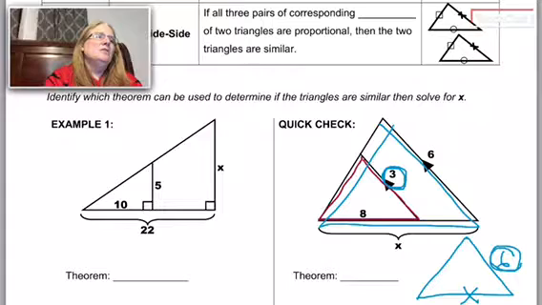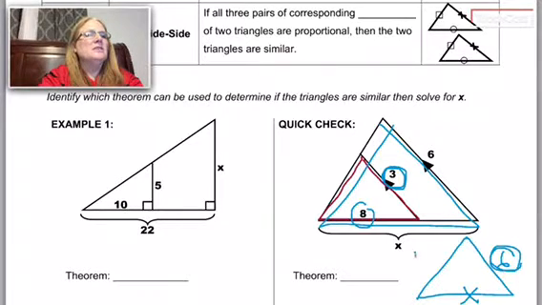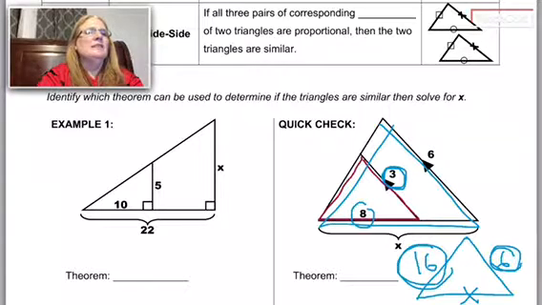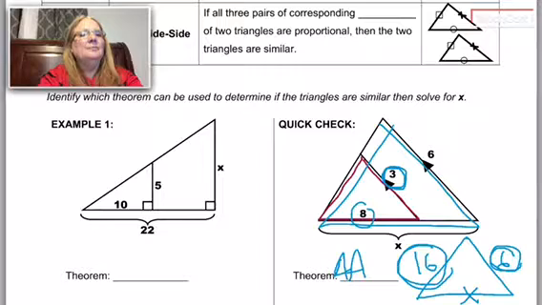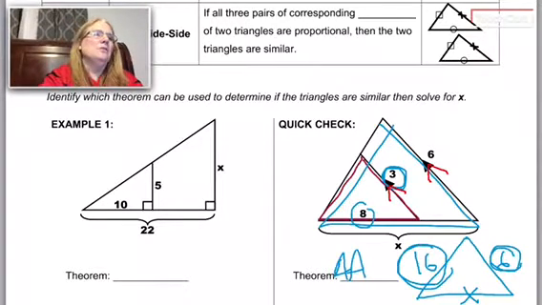So for this one I could use scale factor because 3 times 2 is 6. Then I know that 8 times 2 would be 16. So x is going to be 16, and the theorem is again angle-angle similarity because of the parallel sides. With the parallel sides, we would have corresponding angles here and corresponding angles here.